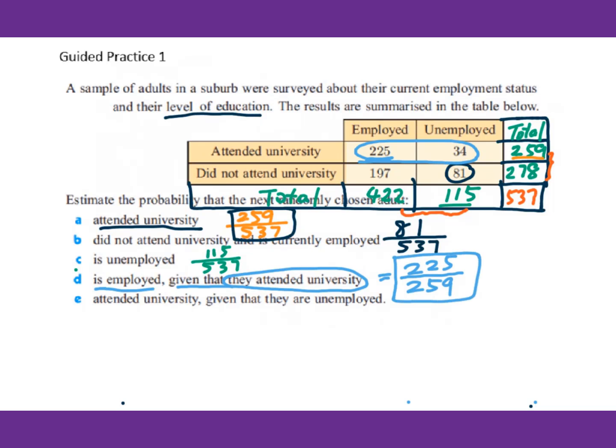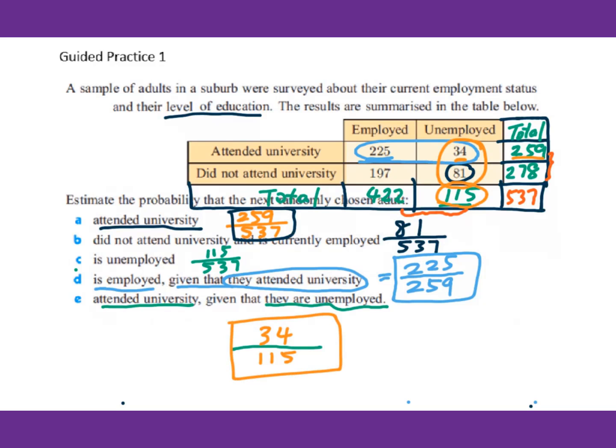So this will be the solution to D. Let's go to E. Attended a university given that they are unemployed. Unemployed, that is 115, as the denominator. Among this 115, attended a university will be 34 people. So this will be the solution for E.